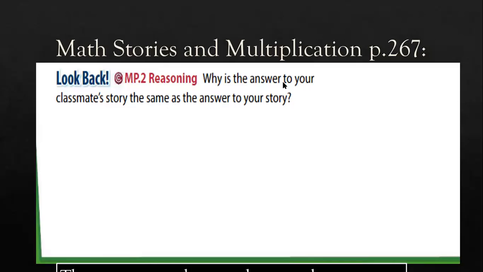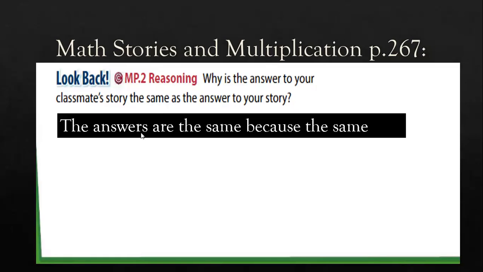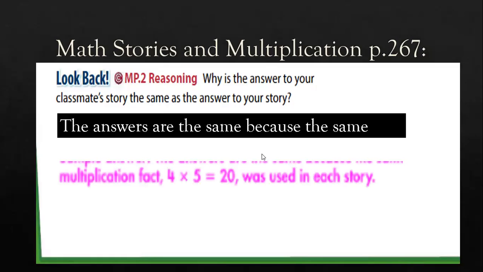Why is the answer to your classmate's story the same as the answer to your story? Because we have 4 multiply 5, the same answer in both stories. The answers are the same because the same multiplication fact, which is 4 multiply 5 equal 20, was used in each story.